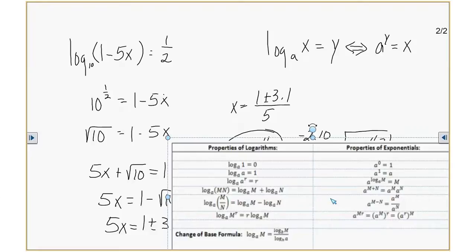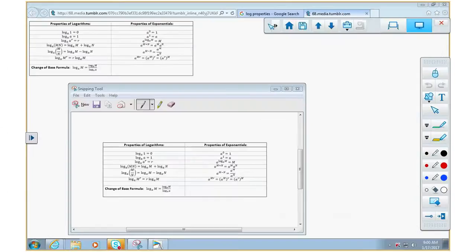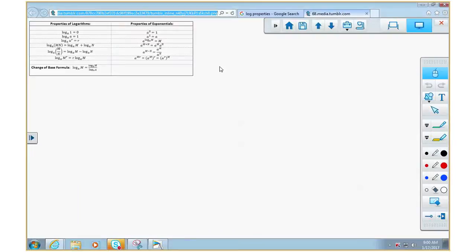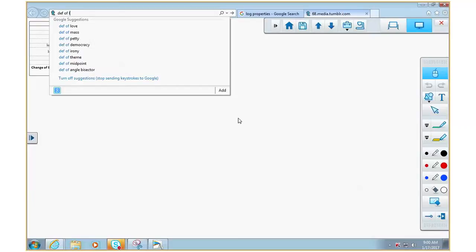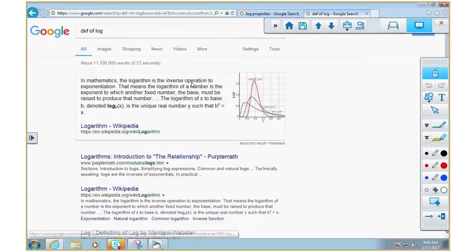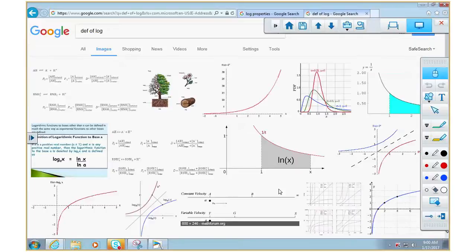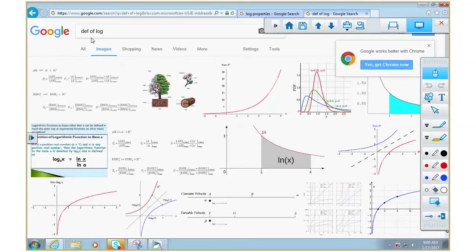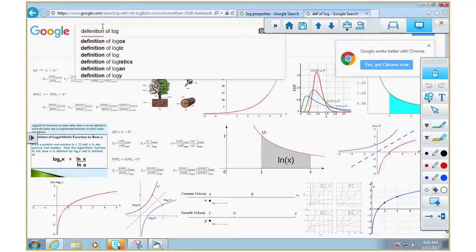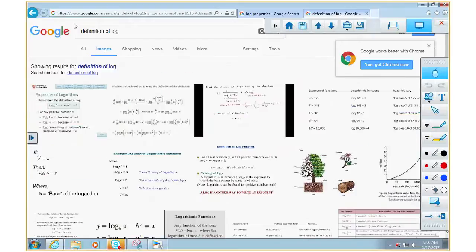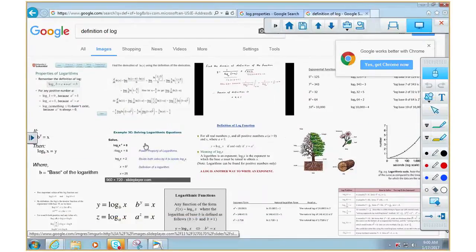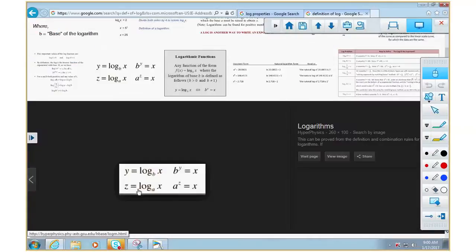I'm going to lock that while y'all are writing. And I'll pull up the definition of a logarithm. I thought it was on that one. Here's the one I use.